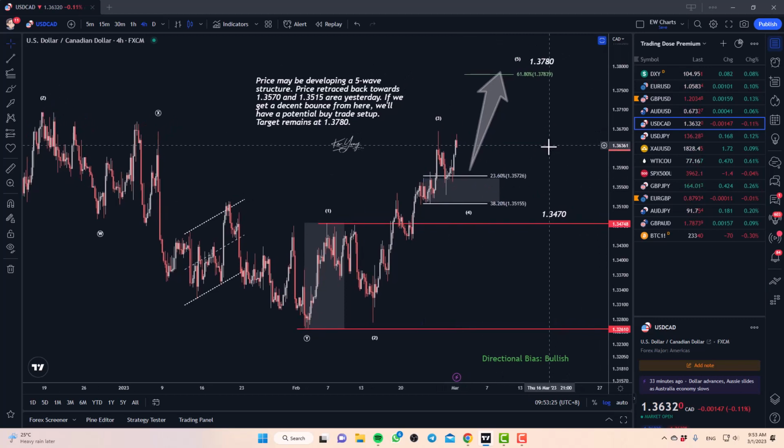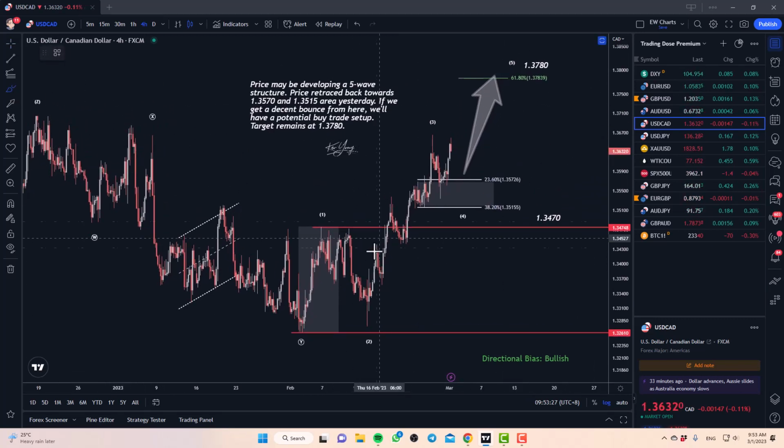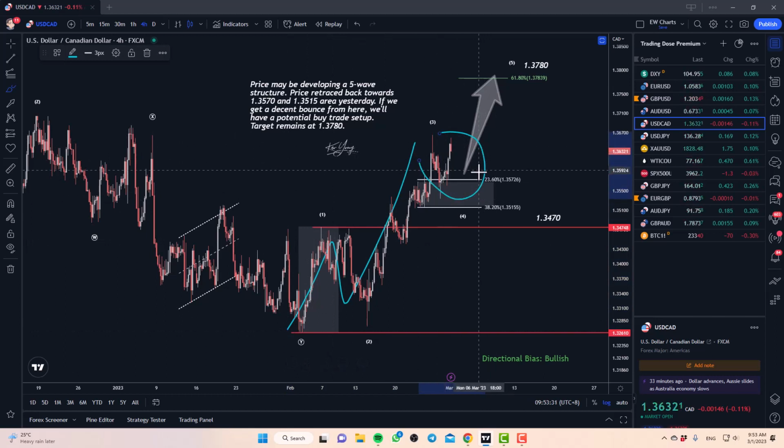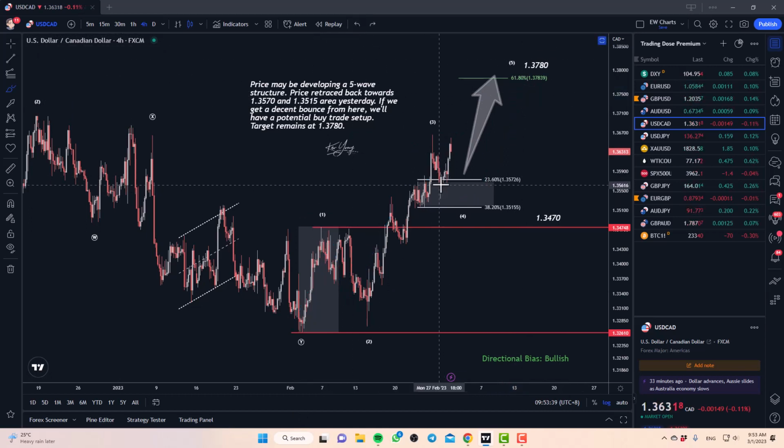So dollar CAD right now, we're looking at it from the perspective of a 1-2-3, potentially developing wave 4, and then we expect another push up to complete that impulsive 5-wave structure. We do have a nice little reaction here at 236 yesterday, but I'm a little bit more patient and want to wait for the setup that I'm more comfortable with.